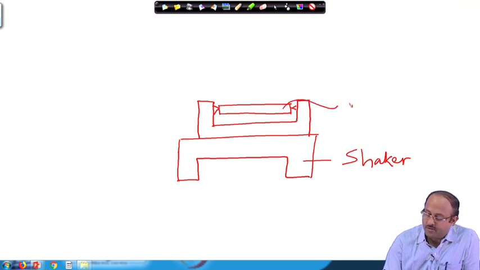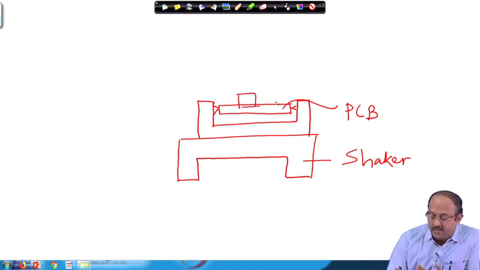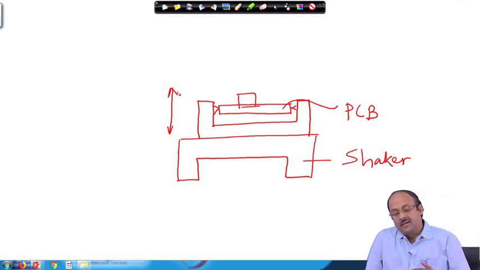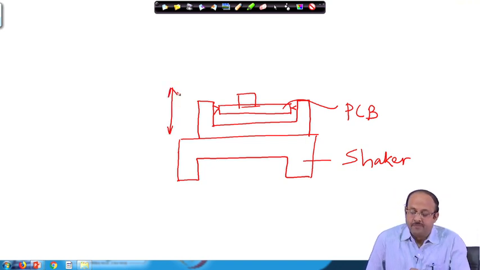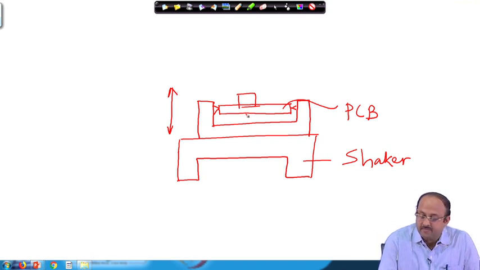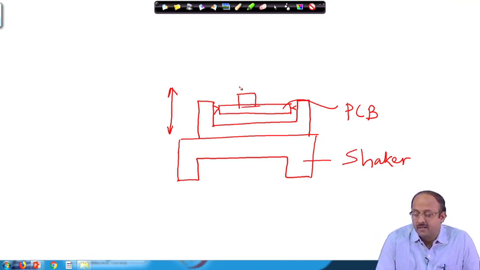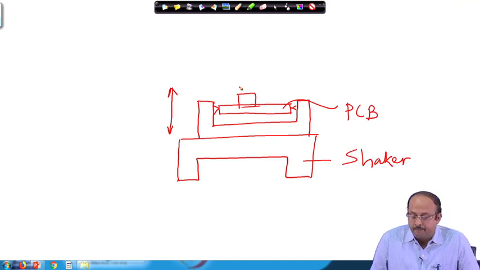So, this is the board and the electronic components are there. Usually the orientation of the vibration is such that the equipment moves perpendicular to the plane of the PCB, but it also depends upon the component.